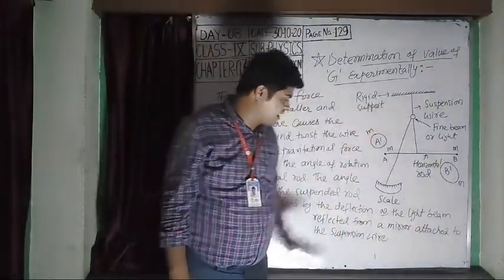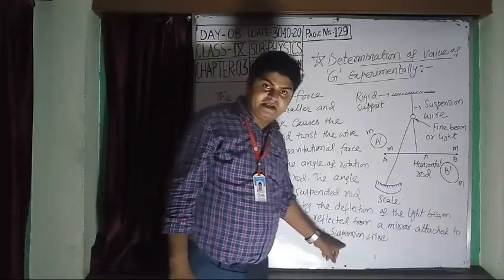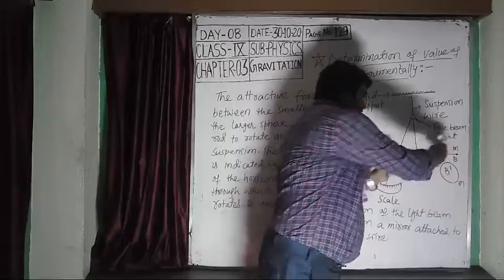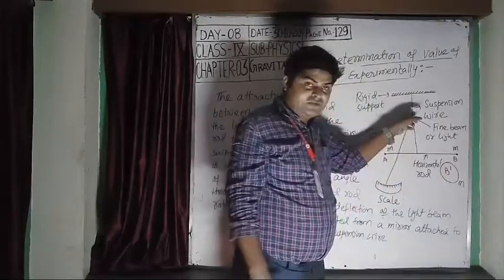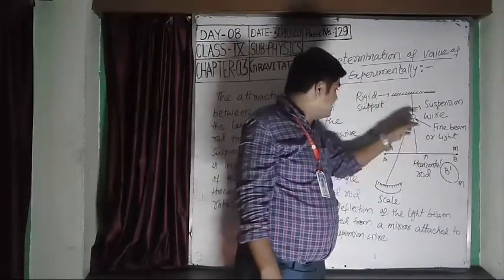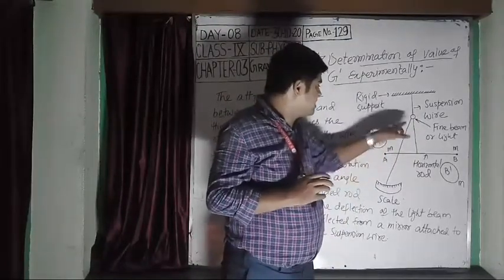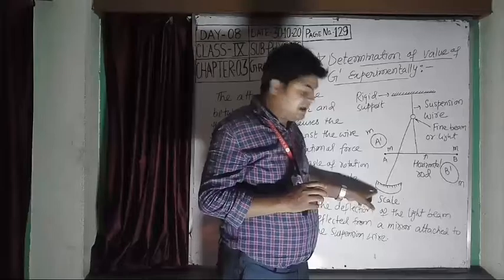This is the mirror, attached to the suspension wire. This means that when the rod rotates, the suspension wire twists, the mirror also turns, and the reflection is measured on this scale.